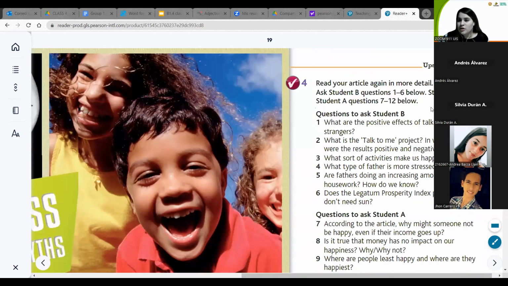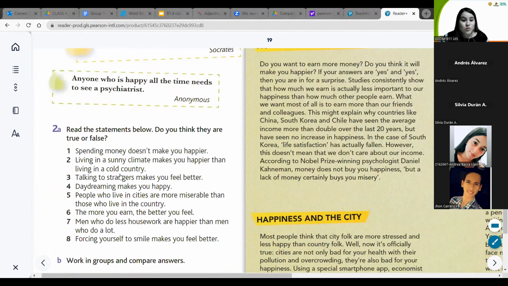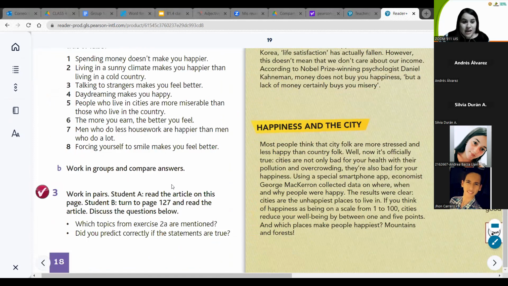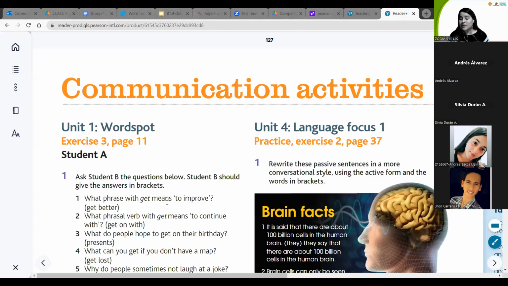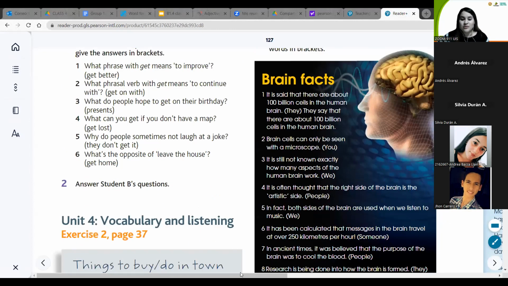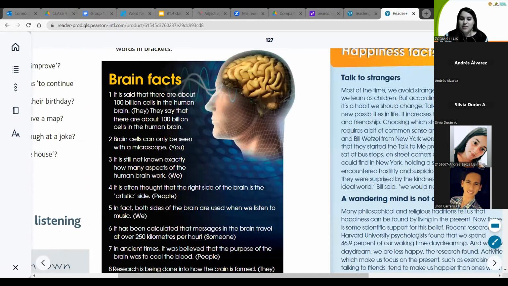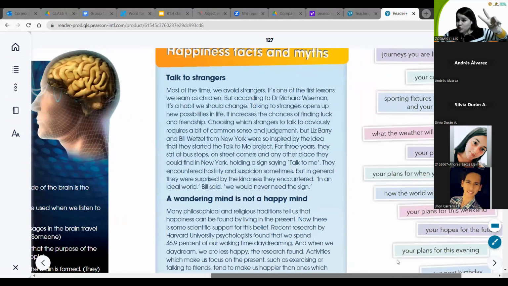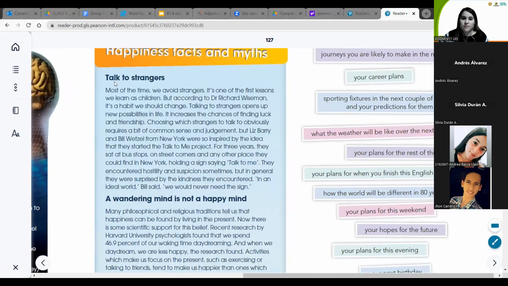Oh, sorry, I forgot to tell you that there is another article on page 127. Sorry, guys, I forgot to mention that. There was another group working on this. There are two articles. This is the other one.